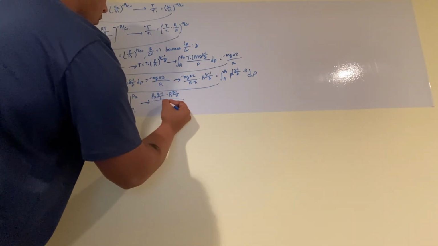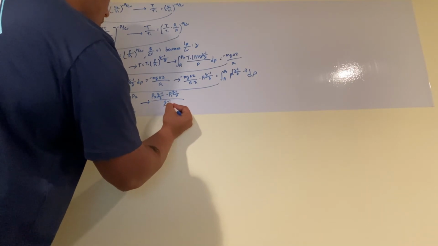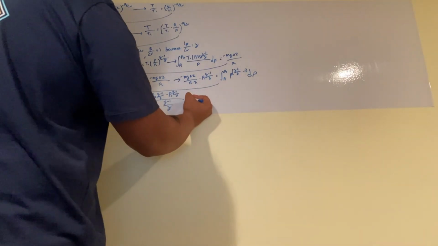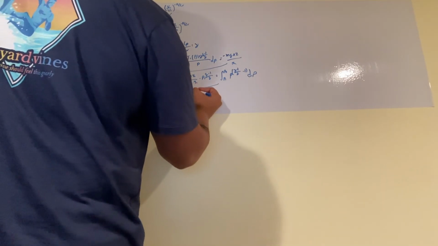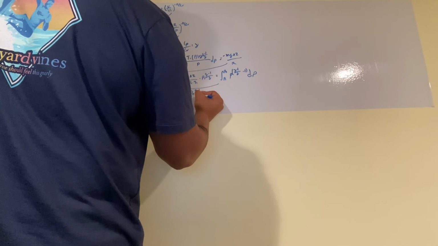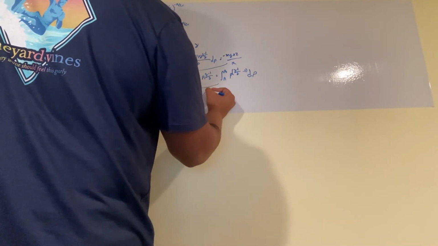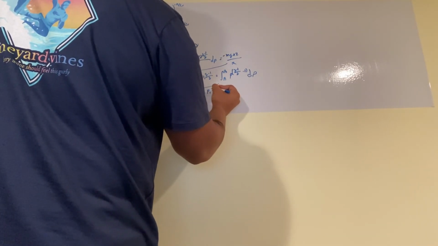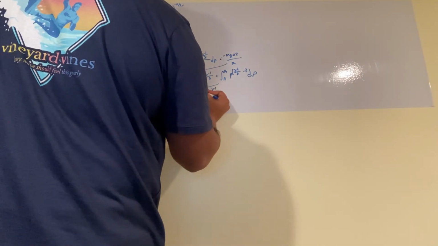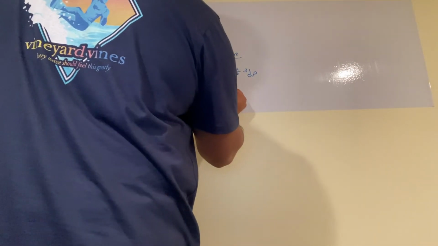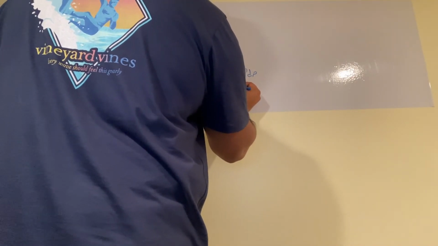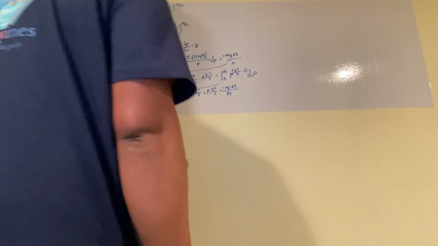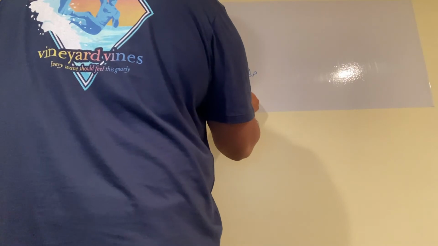And all over gamma minus 1 over gamma, which we can then simplify to P2 gamma minus 1 over gamma minus P1 gamma minus 1 over gamma, which is equal to negative mg delta z over RT1.